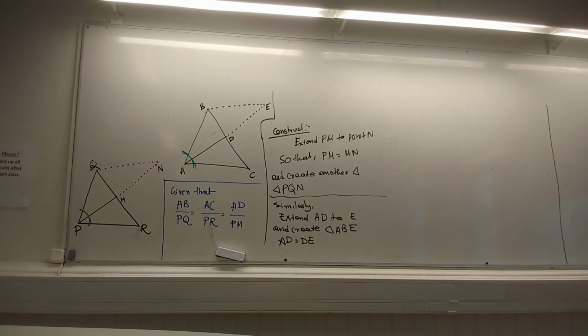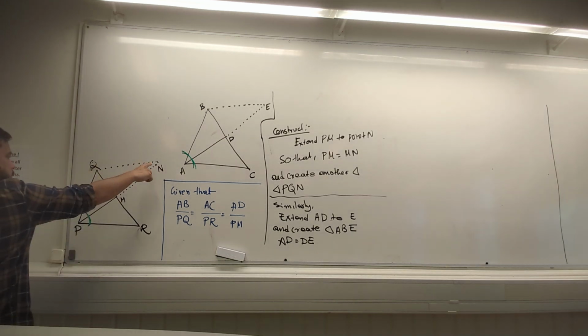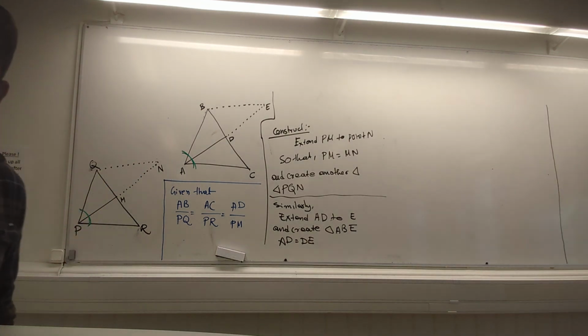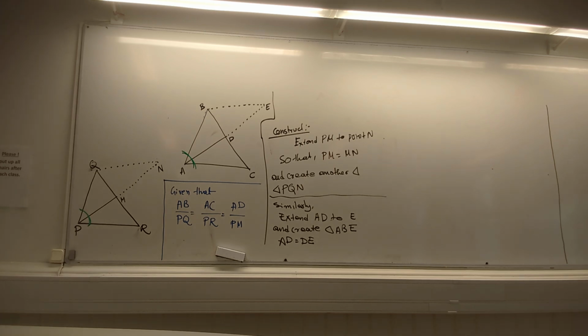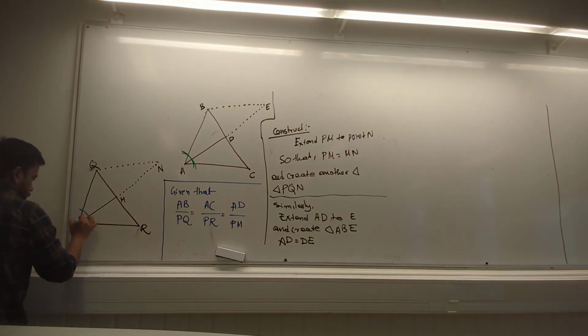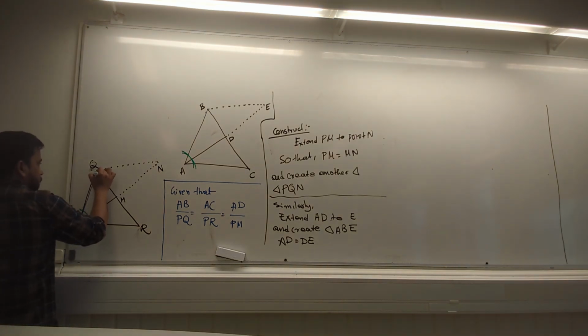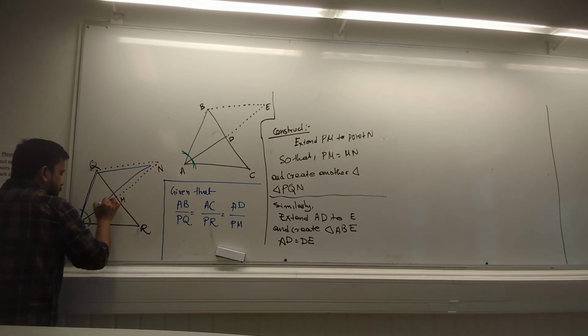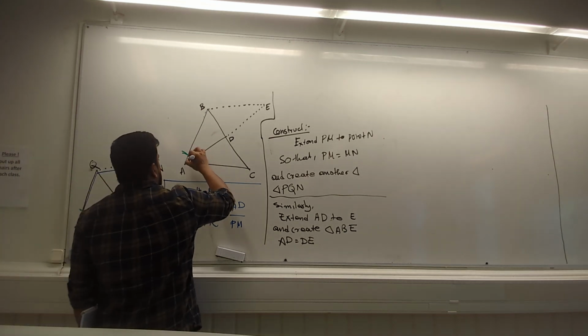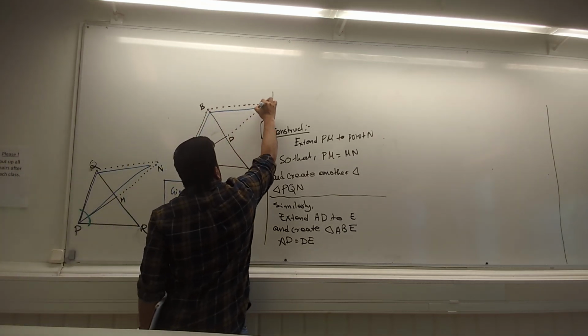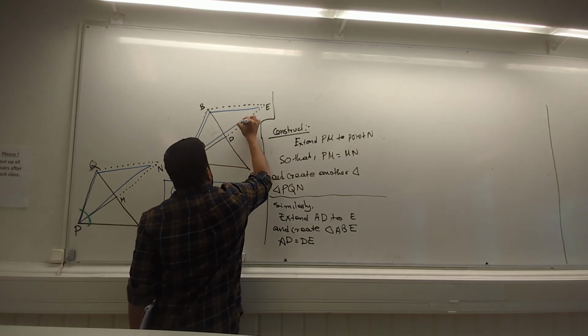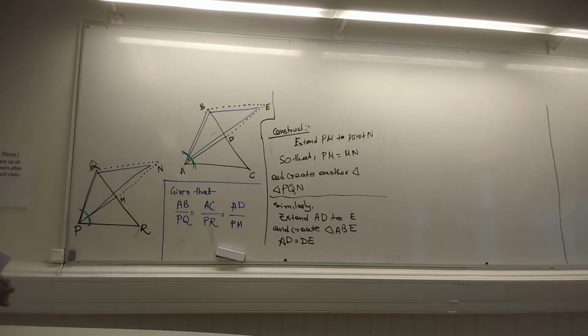All right, so far so good. Now what we'll do is that we will work on these two triangles. Let me mark them with the blue color once again, and we would work on PQN and ABE.